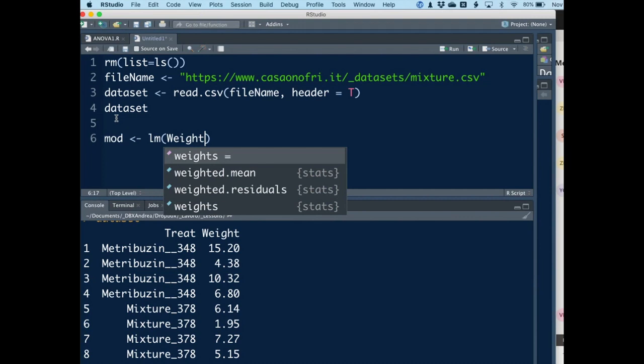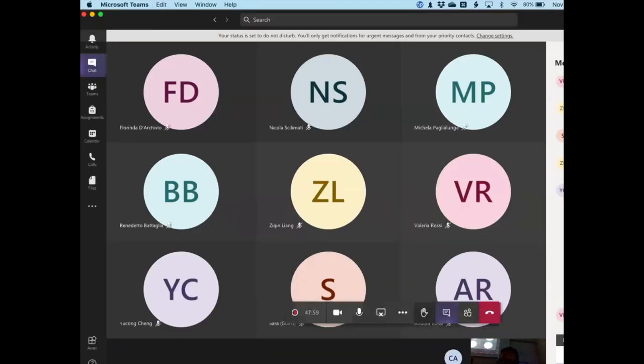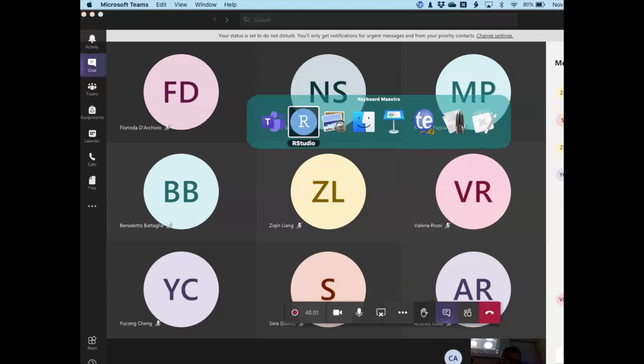Look at the capital letter for W at the beginning. Then we need to press the tilde. Today I'm having less problems because I have the Mac, and with the Mac, the tilde is on the keyboard.